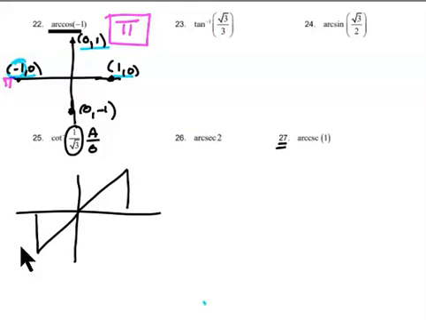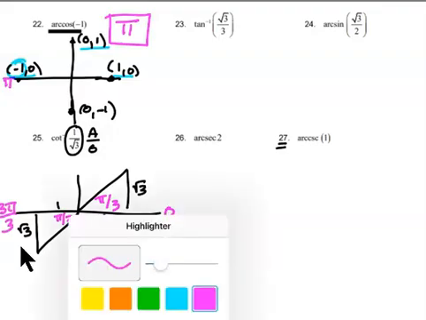So my opposite is square root of 3. My adjacent is 1. So really, I don't even care about the negatives. I really just care about what is across from square root of 3. Well, it's the same as 60 degrees. 60 degrees is the same as pi over 3. And again, if this is 0 and this is pi, at least this time we don't have to go backwards.